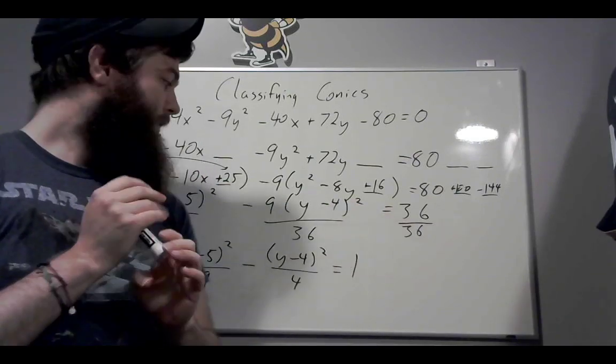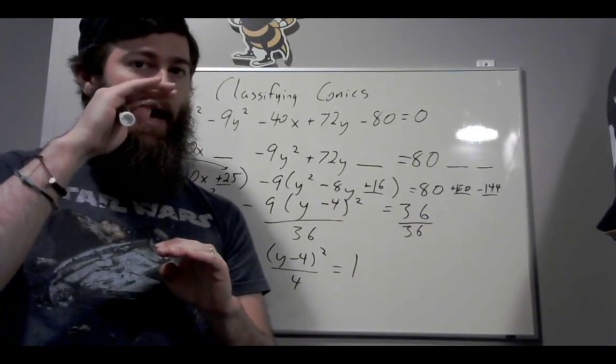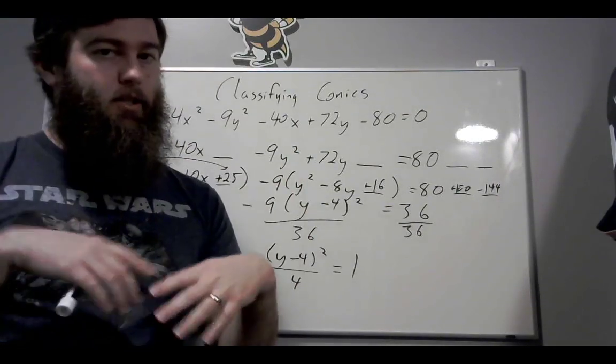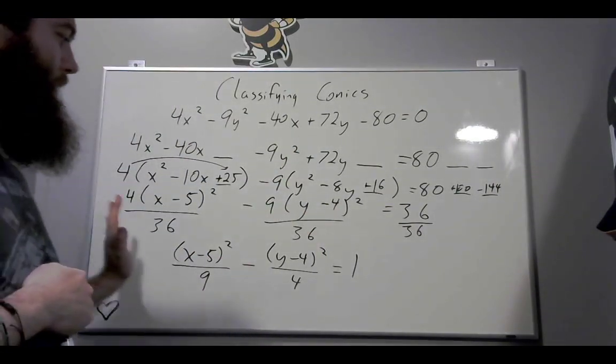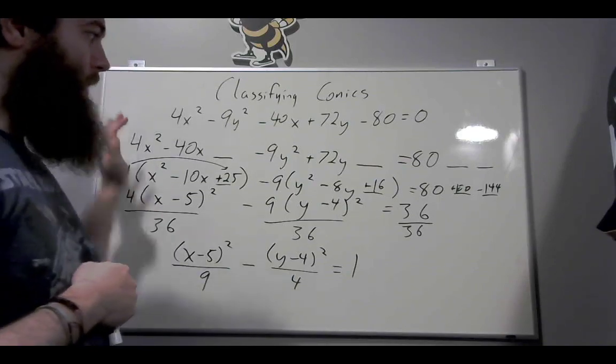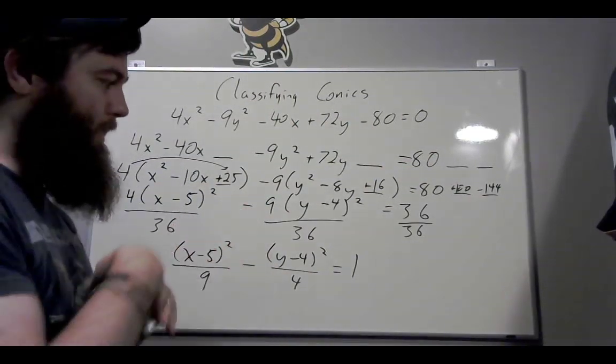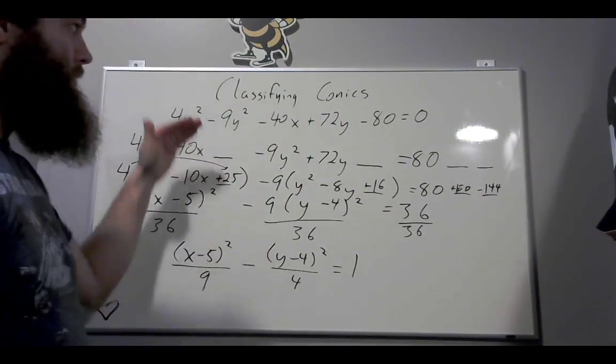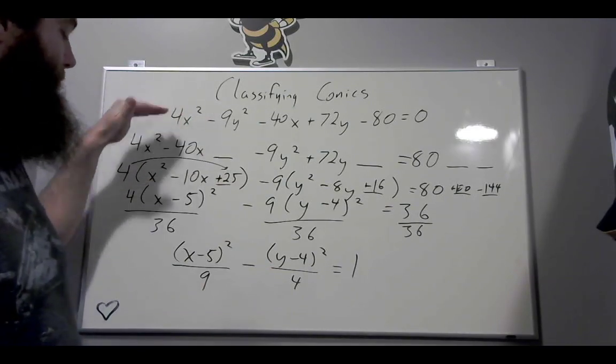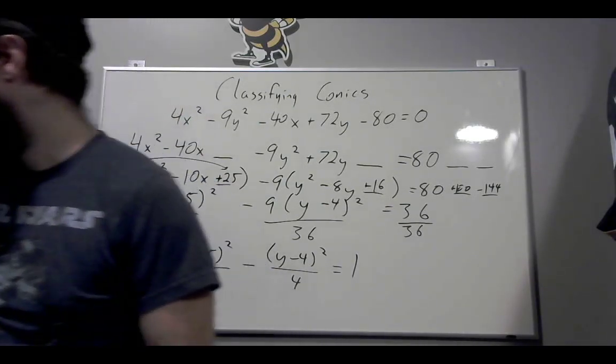You can then find the conjugate axis, and you could sketch it, etc. But I'm just stopping here for today. I don't have the board space to continue, but today was just going from this general formula to the standard formula.